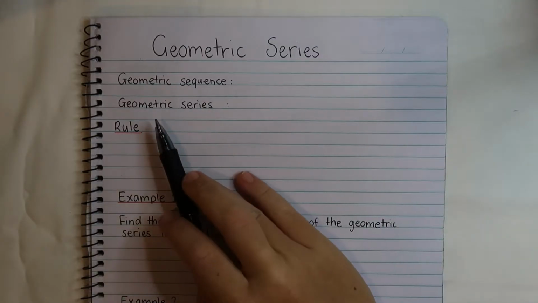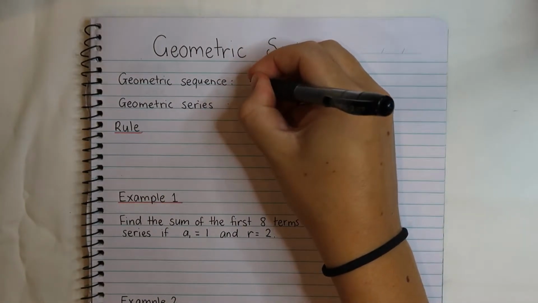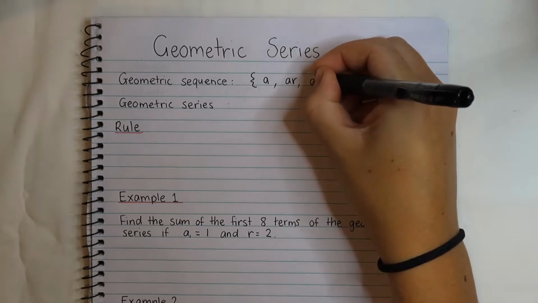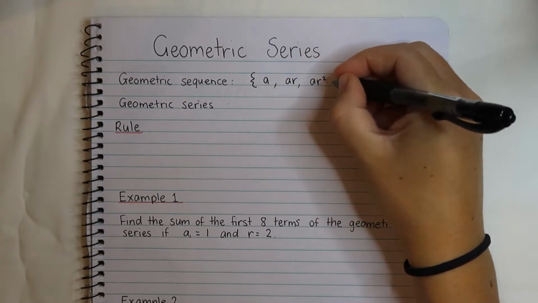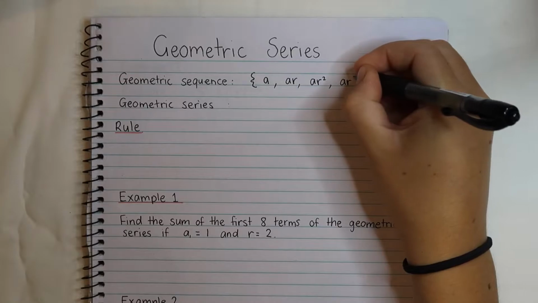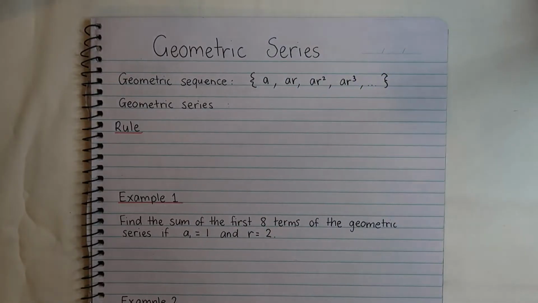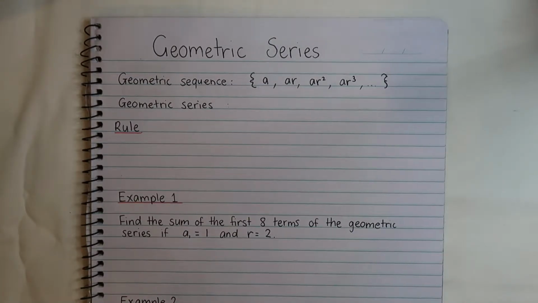So let's recall, a geometric sequence is shown by A, AR, AR squared, AR cubed, and so on. So a geometric series is the sum of the geometric sequence.